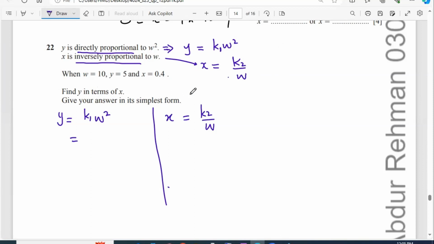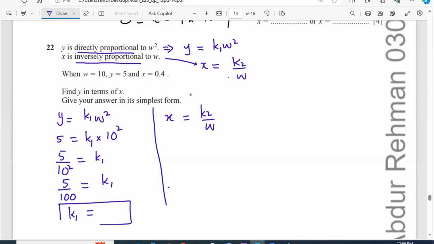W is 10 and Y equals 5. So 5 equals K1 times 10 squared. K1 will be 5 over 100, since 10 squared is 100. 5 over 100 means K1 will be 1 over 20.